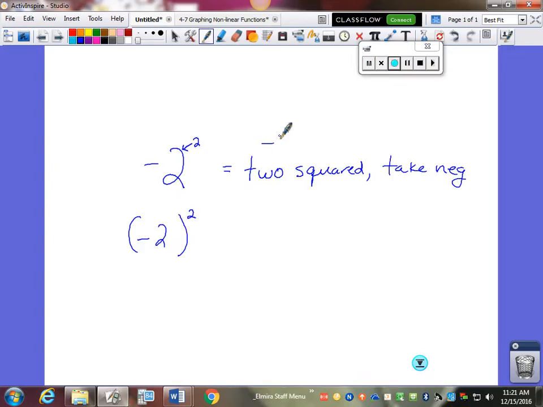So this on your calculator would give you negative 4 as an answer. Because exponents, remember that we say negative here, but negative is a branch off of the subtraction sign. It's related to subtraction, and exponents come before subtraction. Okay, so I would be doing 2 squared and then making it negative.